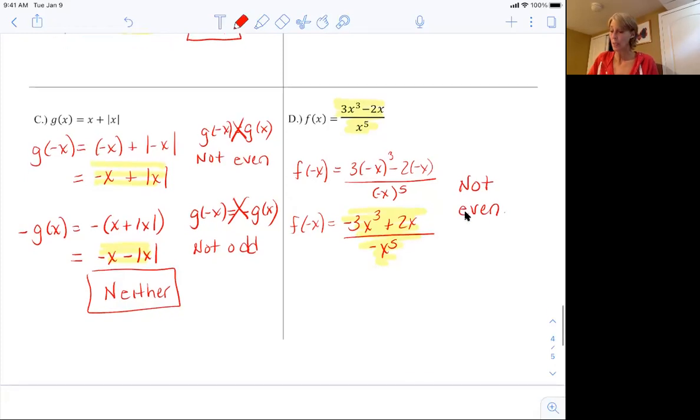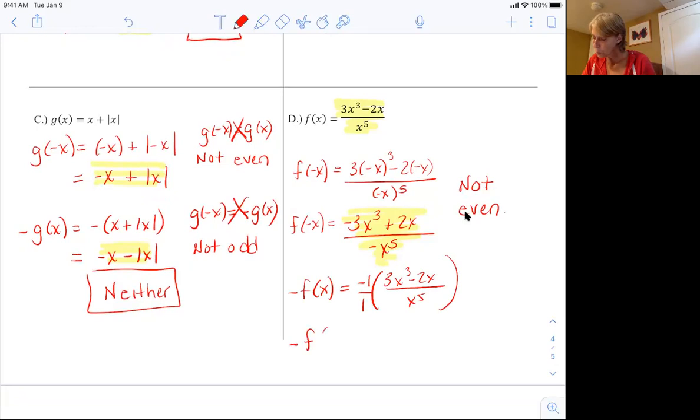So now I want to negate my function. Remember, negating the function means you're multiplying by a negative 1 out front. This one's a little tricky because we want to remember when we multiply that whole thing by negative 1, we're really multiplying by negative 1 over 1. So we're only going to be changing the signs of the numerator.